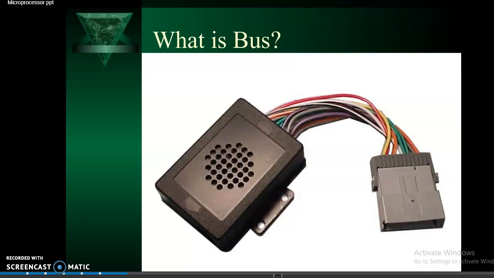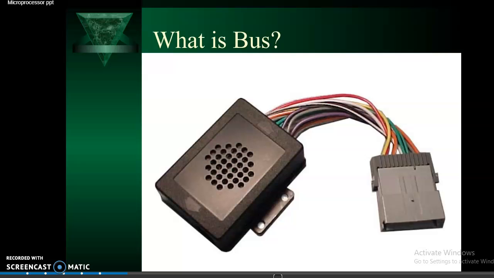The next component is the bus. Generally, in regular life we use the word bus. The use of the bus for people is to move from one place to another place. Like that, in the CPU, we need a bus. Bus means it carries data from one port to another port. Here you see the example. Two ports are connected by different colored wires.